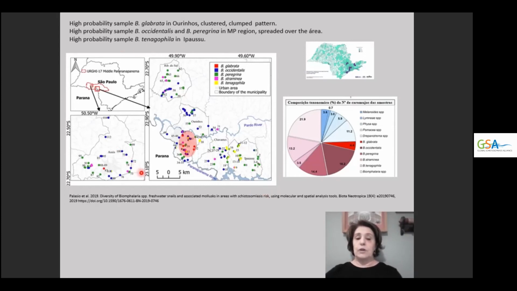The region was recognized not only as a site for Biomphalaria glabrata, but also a site for Biomphalaria tenagophila. The taxonomical composition of the region is complex. We need to understand better how the Biomphalaria species and the other planorbid species relate and compete with each other, because most of the times we can find them in the same habitat.